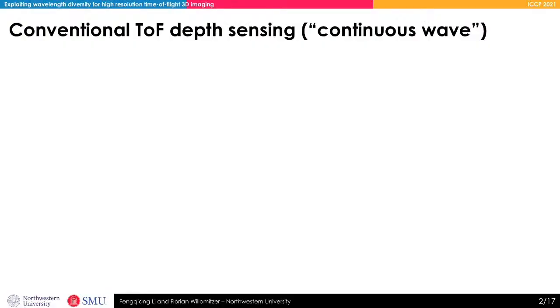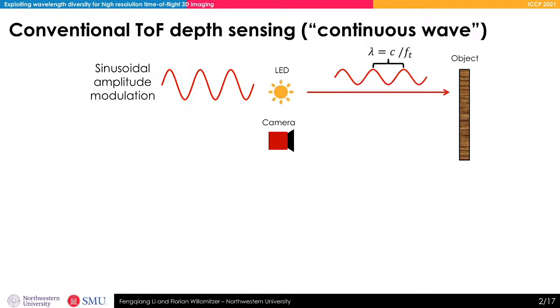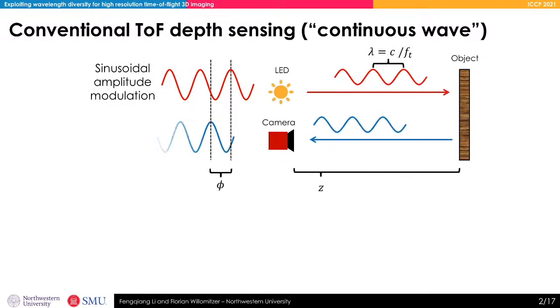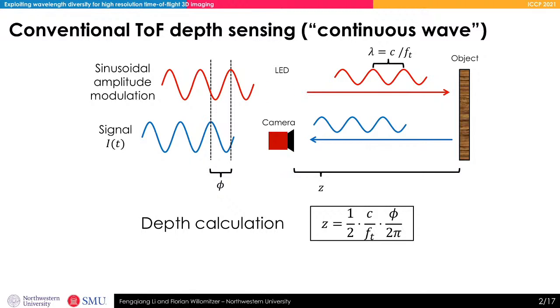Let's start with a quick recap of how most commercially available time-of-flight sensors work. A light source is rapidly modulated in time with a sinusoidal function, and a special camera detects the modulated signal that returns from the object. Since the light traveled some time through the scene, you can detect this phase shift phi with respect to the clock signal, and from this phase shift and the known frequency f of the sinusoid, you can directly calculate the depth.